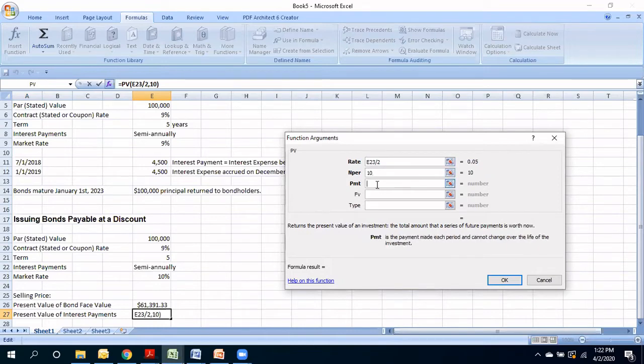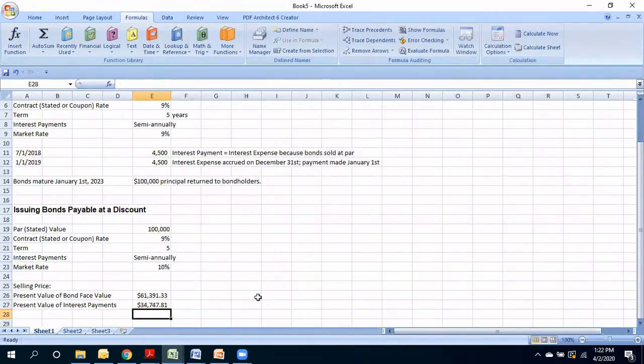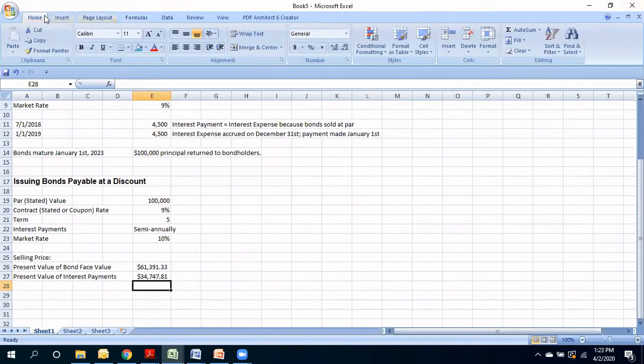And what is the interest payment that is going to be made every 6 months? I'm looking at it right here, $4,500. So when I calculate that, that gives me a selling price of $96,400.